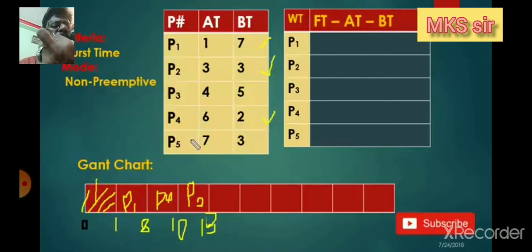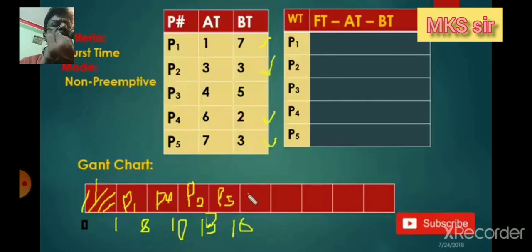Now we are at the 13 millisecond position in the Gantt chart. Now we have to choose between P3 and P5. P5 has the smaller burst time, 3, and P3 has 5. So we choose P5, which requires 3, so 13 plus 3 is 16. P5 has completed its task.